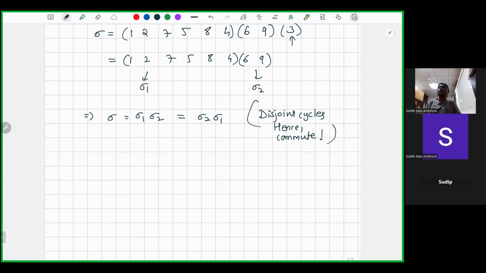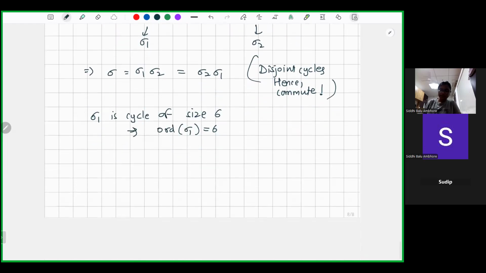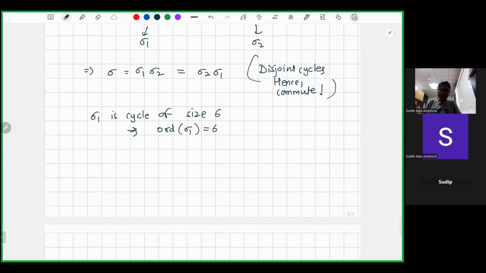And the moment I have two cycles commuting, the order of sigma: sigma 1 is a cycle of size 6. This implies that the order of sigma 1 is 6, and sigma 2 is a transposition. Therefore, the order of sigma 2 is 2.